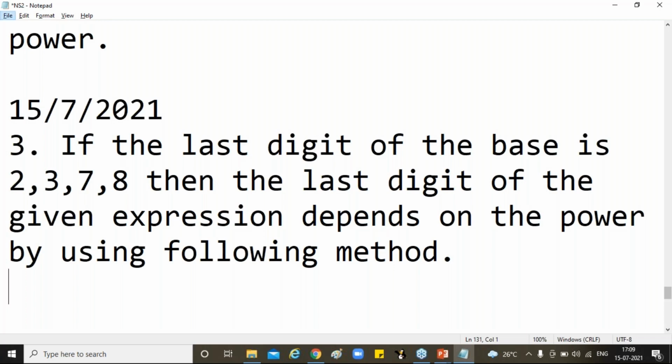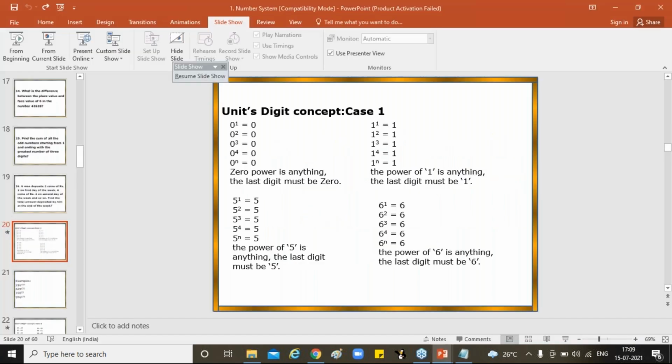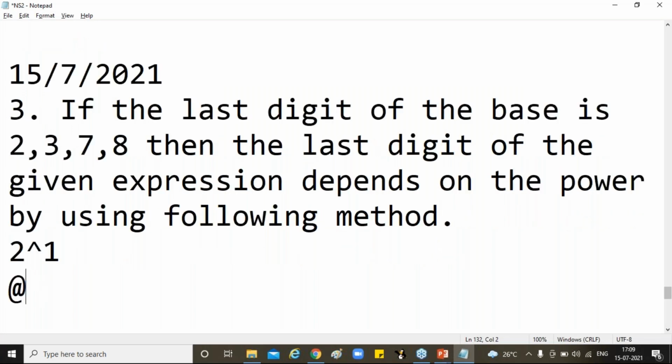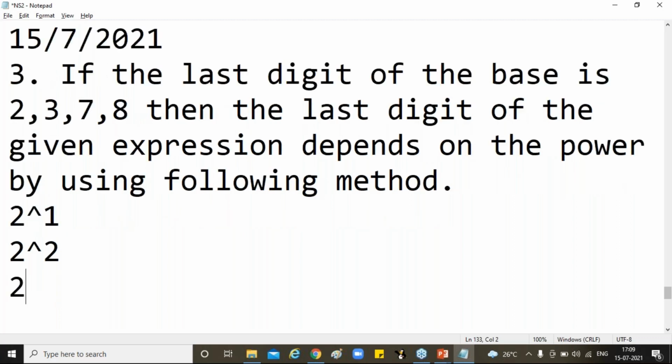What is the value of 2 power 1? 2. What is the value of 2 power 2? 4. Similarly, what is the value of 2 power 3? 8.